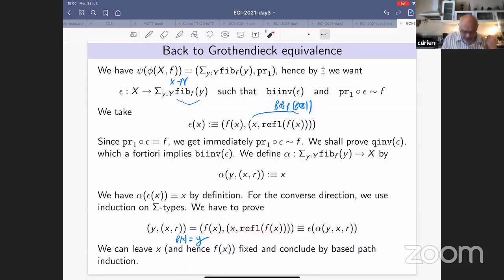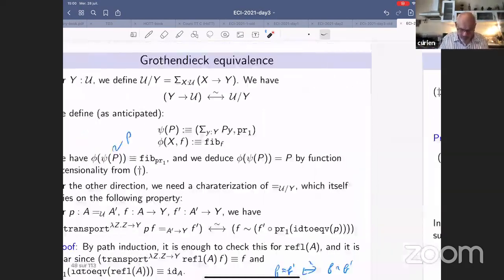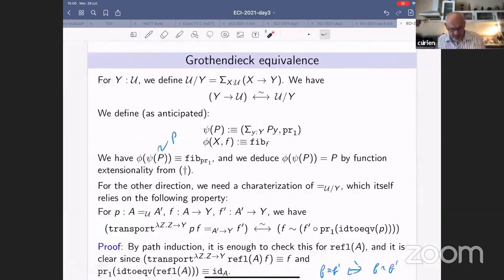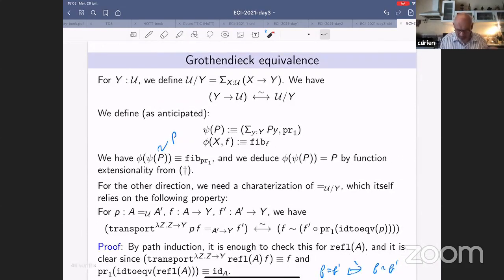So in this case, this holds by reflexivity. Hence, it holds for all Y, X, R. This is again the magic of path induction. So I think this concludes the proof of the Grothendieck equivalence, and I like this. I don't think it's in the HoTT book, and I took it from Hugo Moeneclaey's notes, and it's one of the simple, cute results that uses univalence in a nice way.